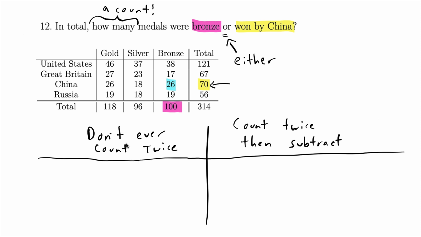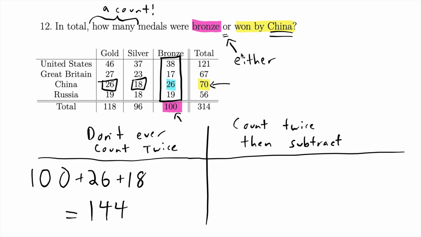The first way is the don't ever count twice method. So we'll include the 100 medals. That's these ones. And now we need to count the ones that are won by China that we haven't already counted, which are these ones and these ones. Sometimes it might be easier to approach this problem by doing the method on the right, what I call counting twice and then subtracting.